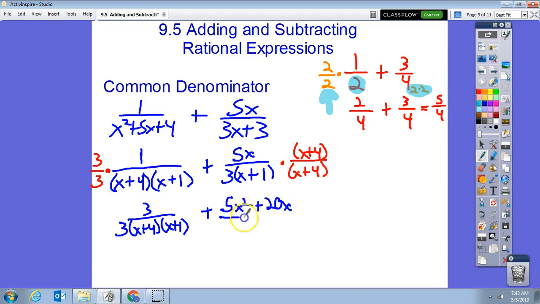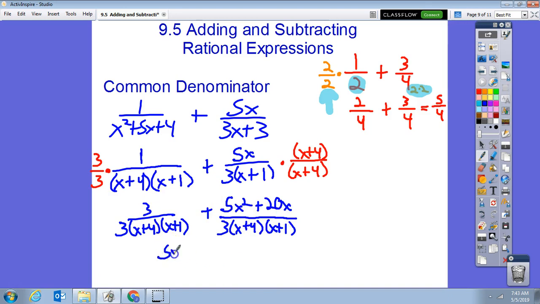The reason I'm actually multiplying those together is because I am going to have to do my adding step here in a second. And then on the bottom you have 3 times x plus 4 times x plus 1. Notice I wrote that in order just so it looks like the other one, so you can see that it's a common denominator. Then you add the tops together.